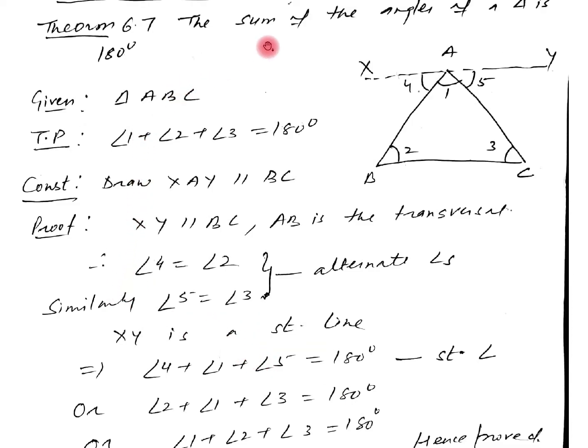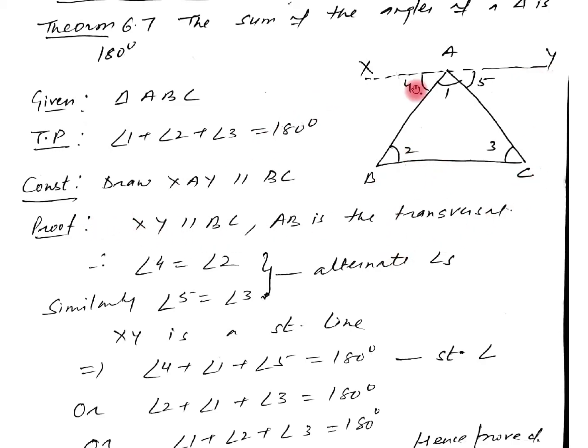See it again. We have to prove that the sum of the angles of a triangle is 180 degrees. As I told you earlier, first you have to write down the given. Given is triangle ABC. To prove angle 1 plus 2 plus 3 equals 180 degrees. Then the construction: draw XAY parallel to BC.